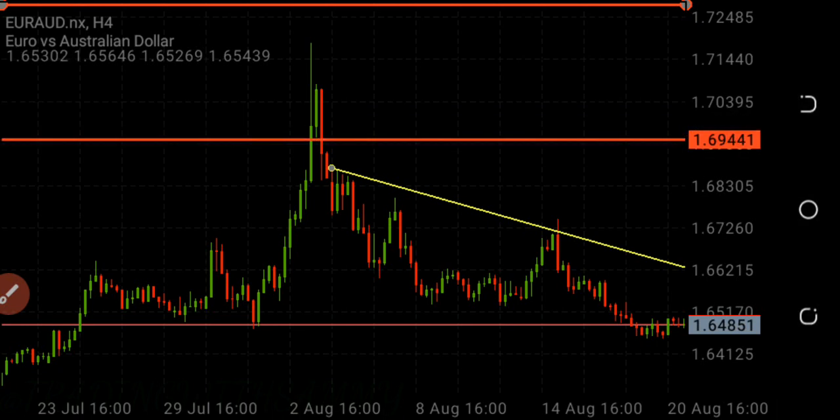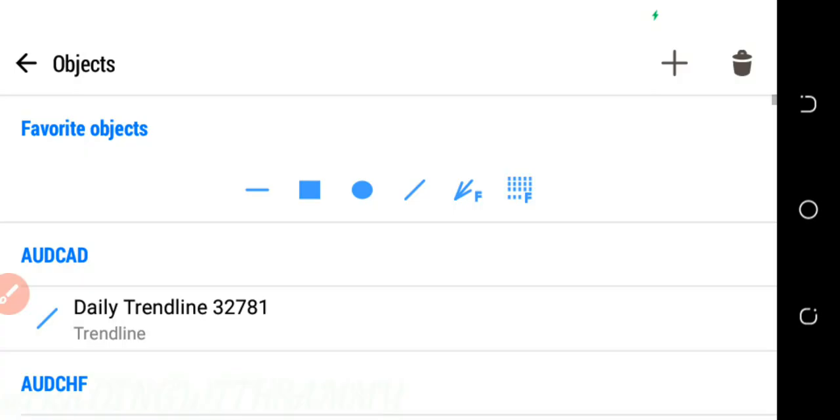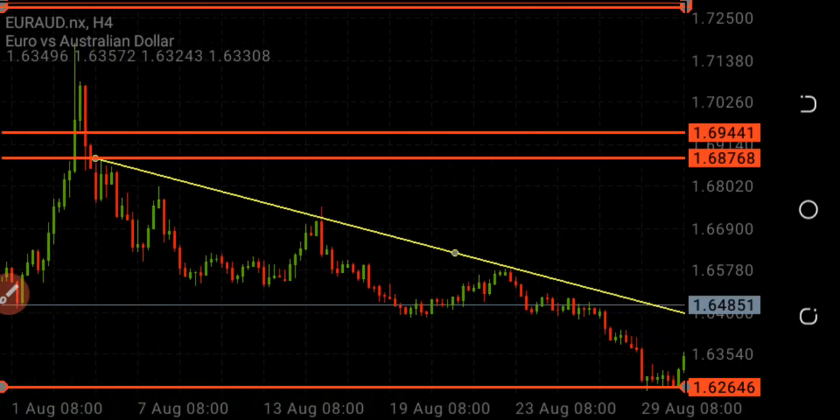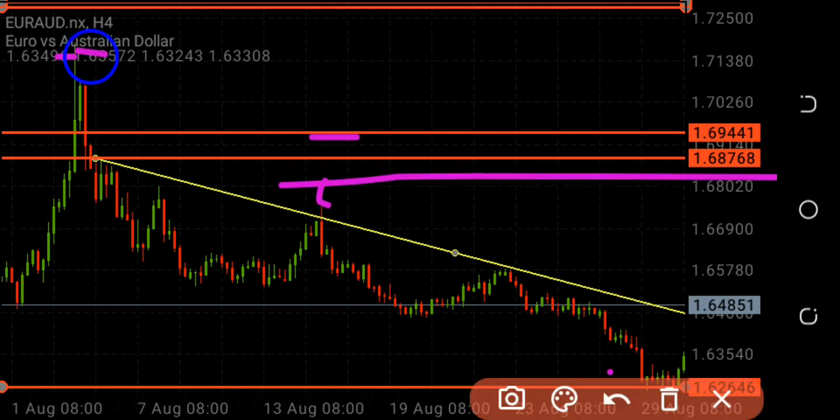Let's say this and this. There's a gap in between here, so we're expecting the market to come to this gap. So if the price fails to get to this order block, and if it breaks above it, it might come up and take out this high here of some folks that are selling from this zone.